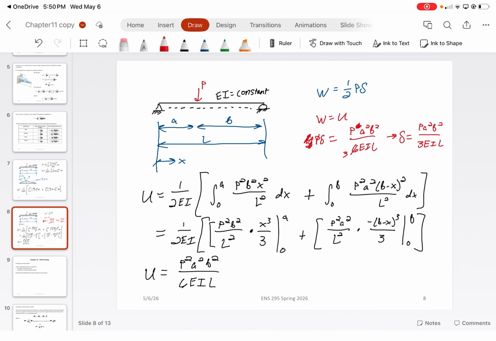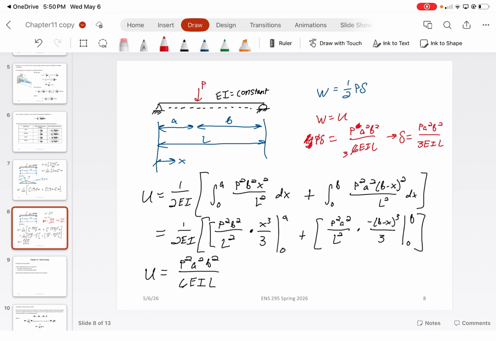Now, this is the deflection at the point of the load, not the deflection at which the maximum deflection occurs. So it's a very powerful tool that can be used to find deflections at a given location where a load is applied, all without having to do double integration.